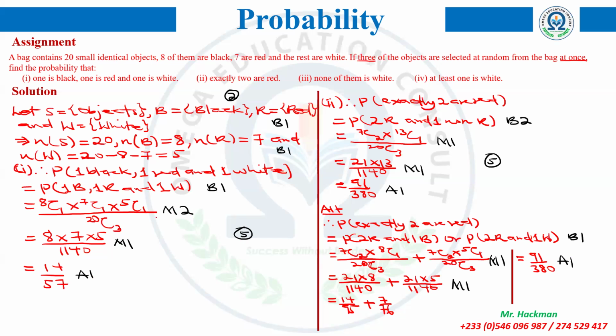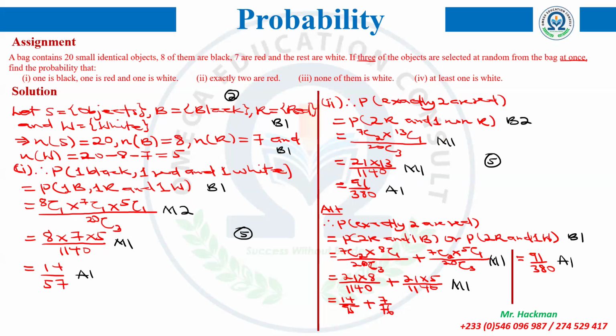However, if anything here is not the same as what you have here, then you get your M0, A0. Take note. Once the M becomes 0, your A will be 0. But if your B is 0, it doesn't necessarily mean that everything will be 0. So take note of that. At least you know this basic information that you are supposed to use to guide you as you mark.